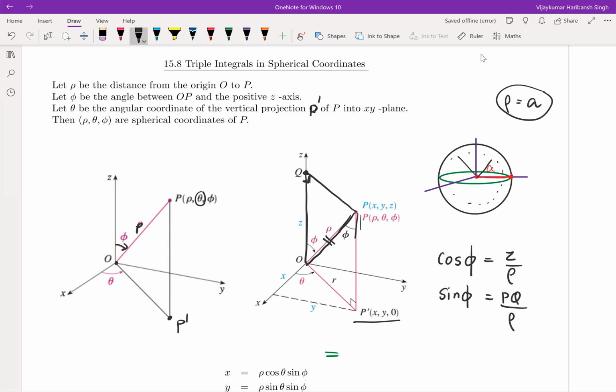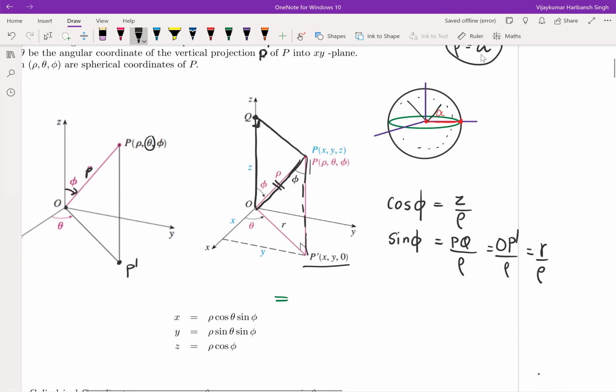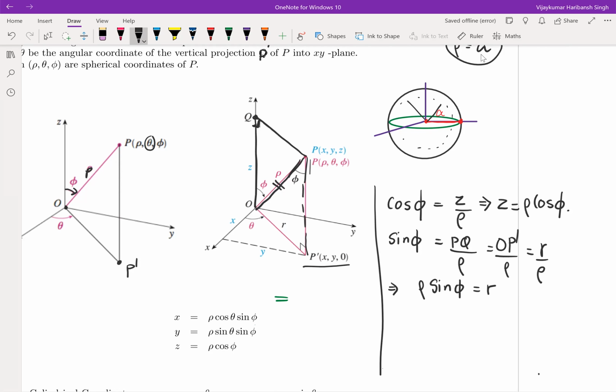But note that this is a rectangle, so PQ equals OP prime, which is r, over rho. So first of all, you get directly z equals rho cos phi, and here we get r equals rho sine phi.